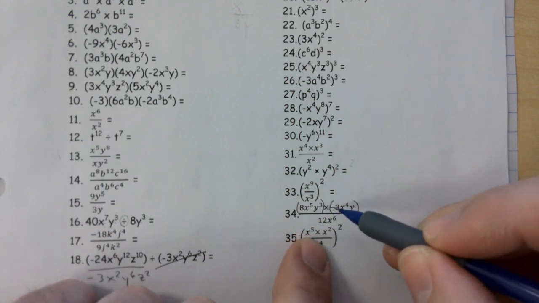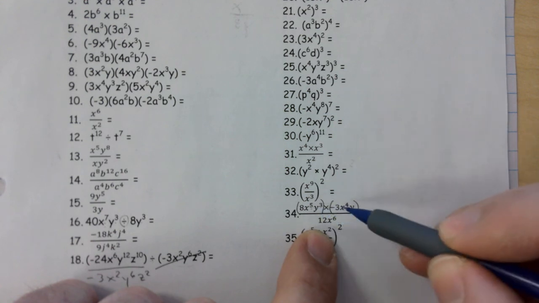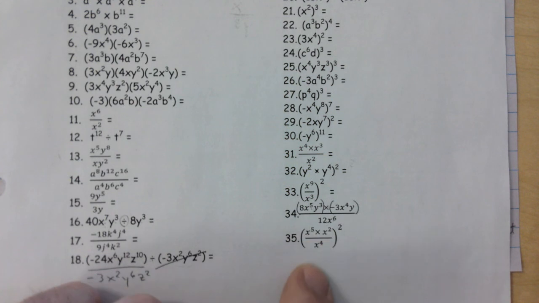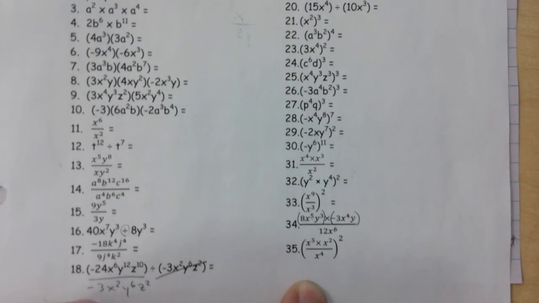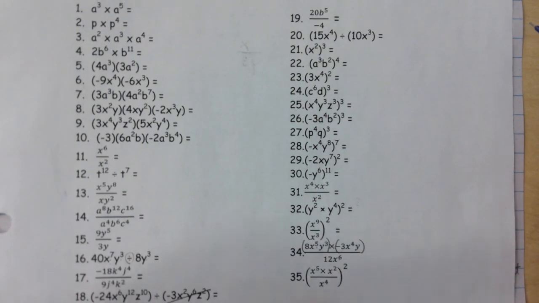They should just rewrite it without that x. It's just this times that in brackets over that. So 34, change that. If there's anything that I missed, just use common sense and it should work out for you. And the answers are also at the bottom there, so you can check right away.